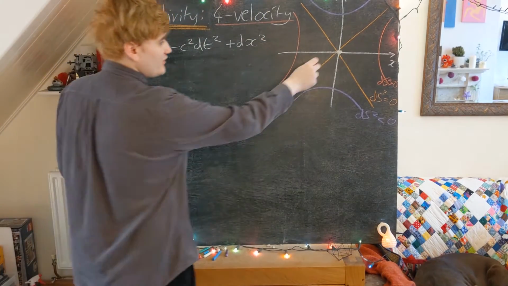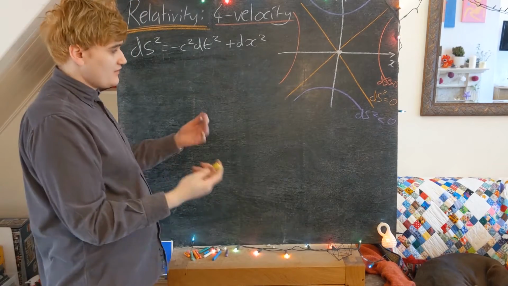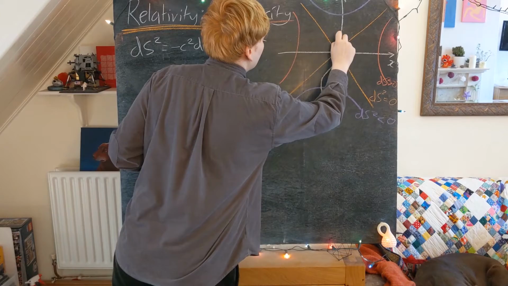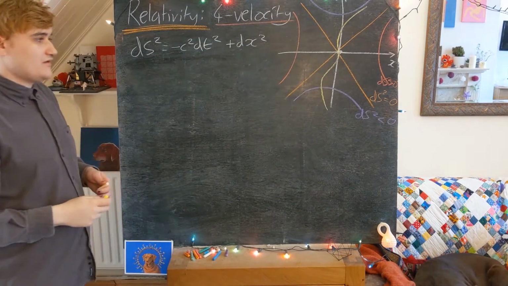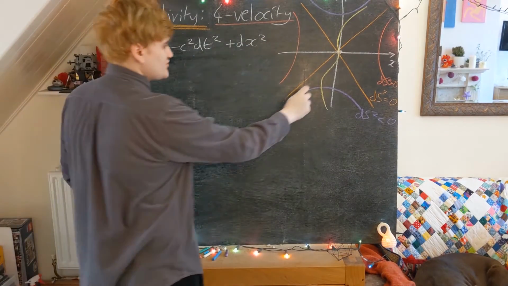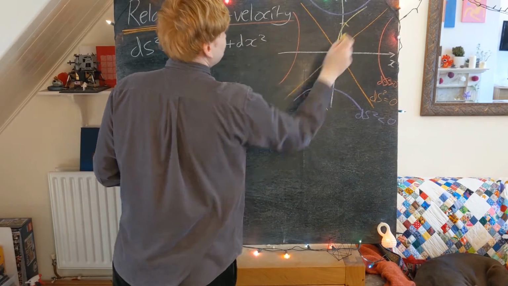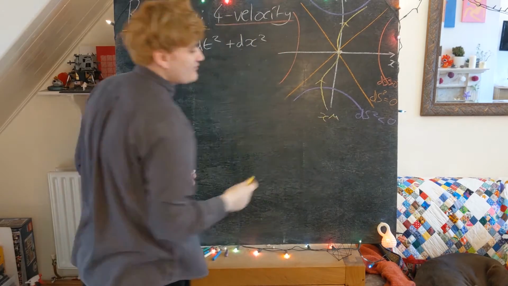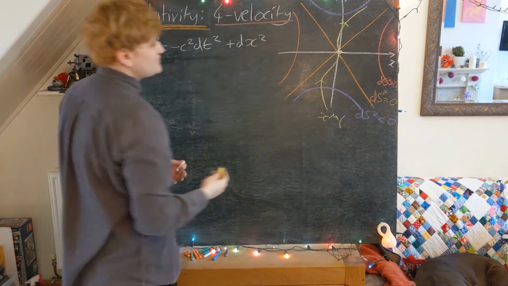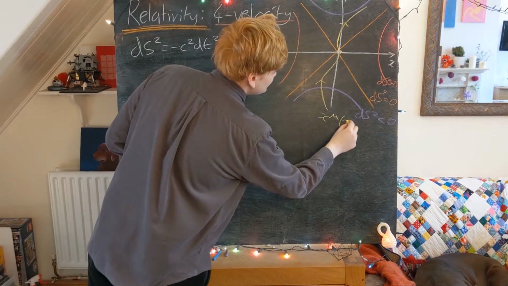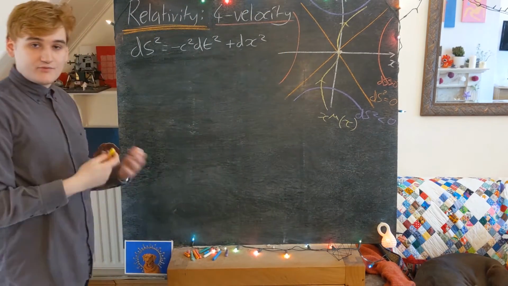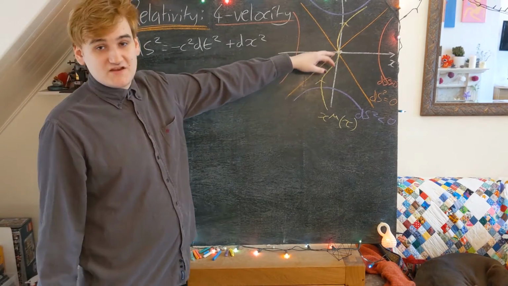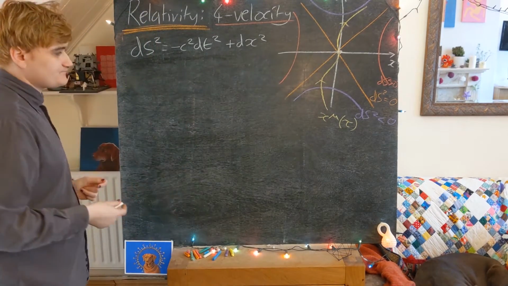It's an observer who's stationary at this origin, and they can then view other particles that travel in this geometry as having some trajectory throughout the space-time, which we would describe by a parameterised function. And as I introduced in the previous video, we use this parameter tau called proper time, which is the time that this observer measures in their own reference frame.